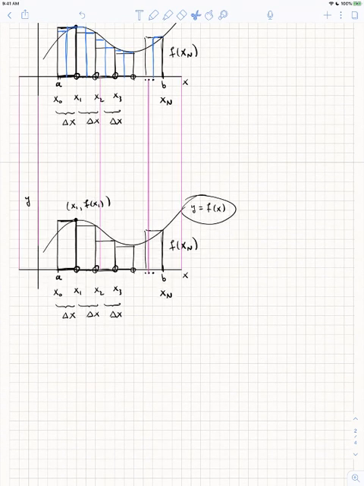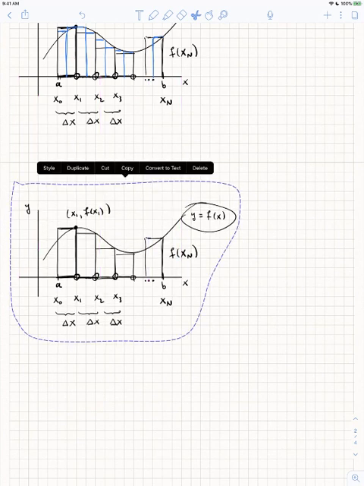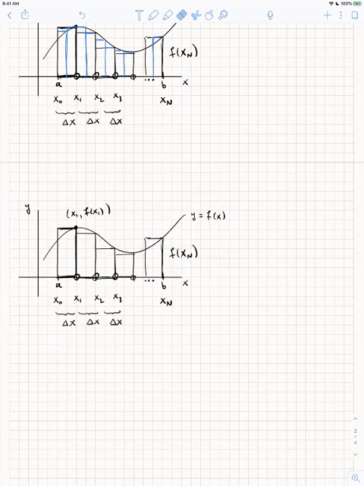Let me just paste it again. These are all rectangles made using the right endpoint.